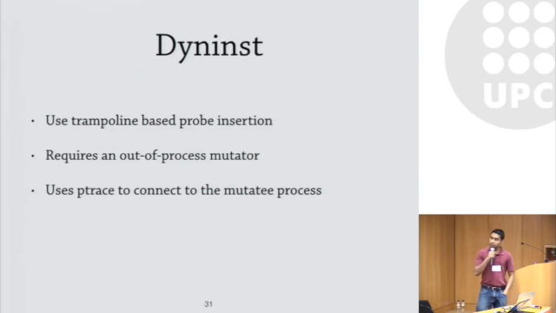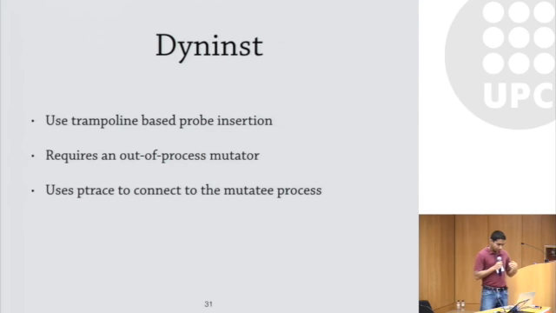Unlike our solution, it requires an out-of-process mutator, in the sense that it's a separate process. In Linux, it uses ptrace in order to connect to the running application and effect the instrumentation. When it does this, it stops or pauses the application and all the threads before carrying out the instrumentation.